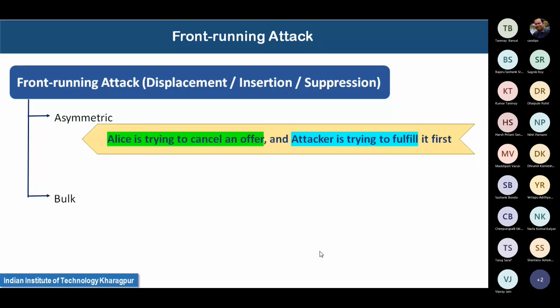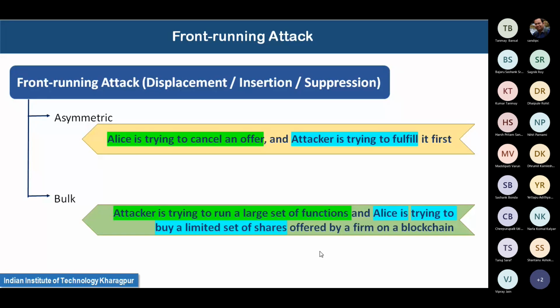Also, front running could be of two types, say asymmetric, where it is just one or two transactions at a time, and they are different types of transaction. So for example, Alice is trying to cancel an offer. We'll see one example again.